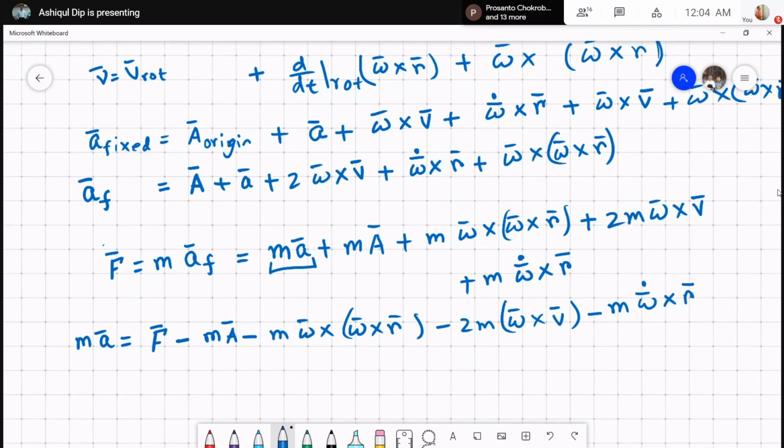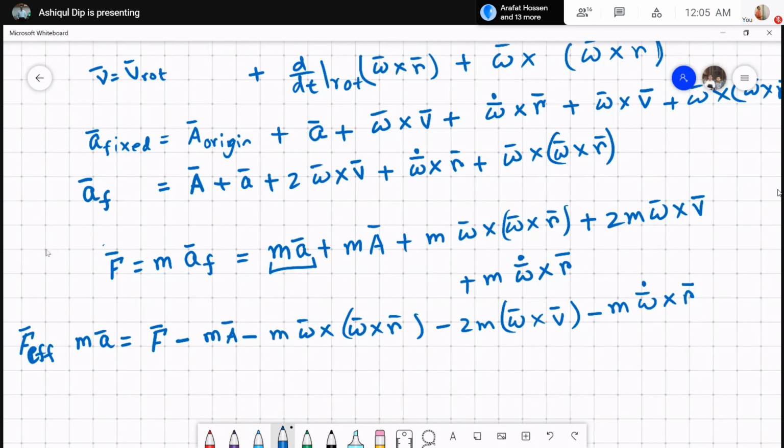Where all those R and V are actually seen by the rotating observer, not the static one. So we can call it an effective force, right? Interpreting this term as force terms. Yeah.